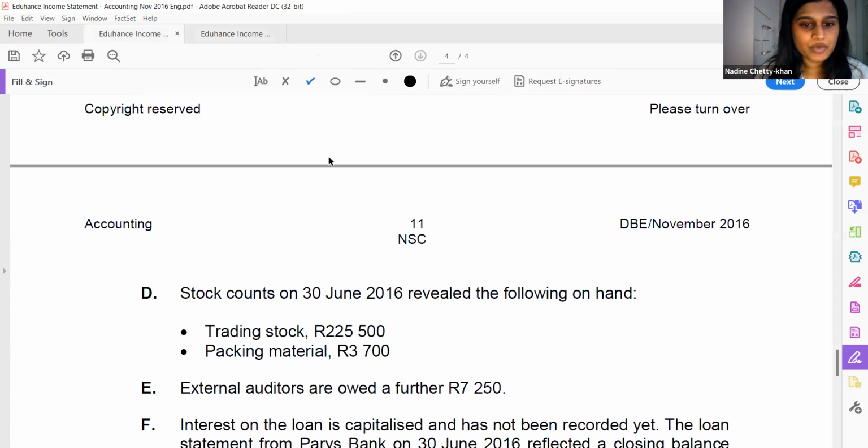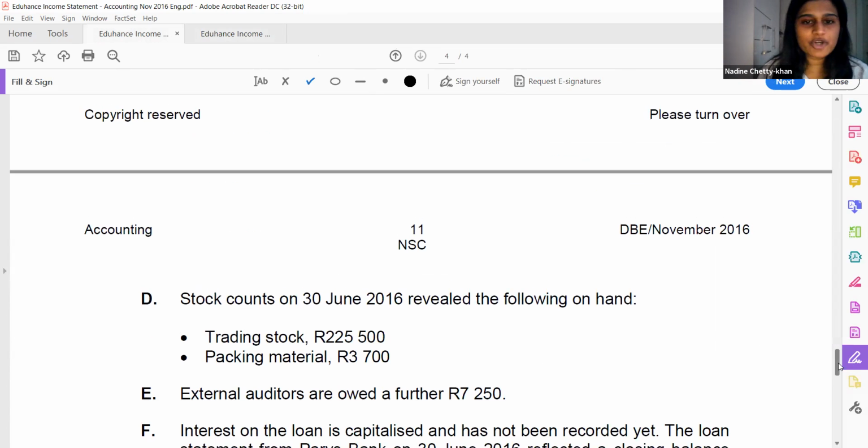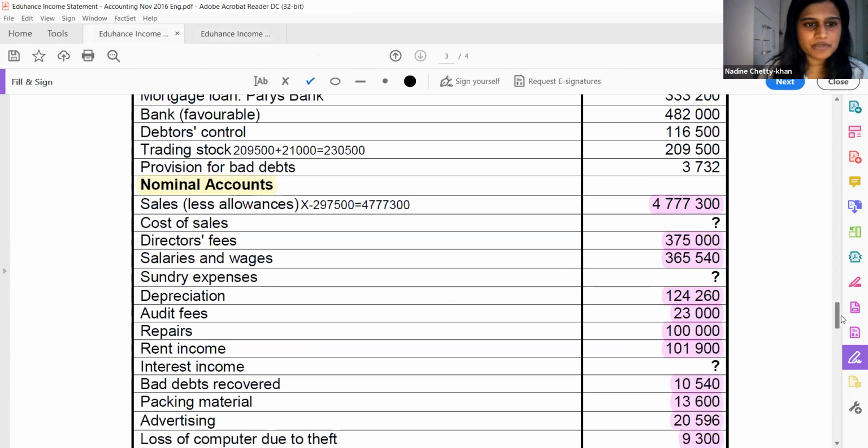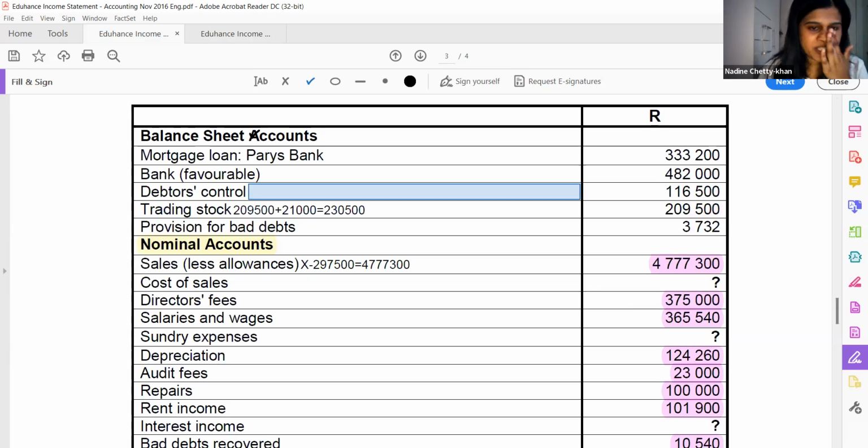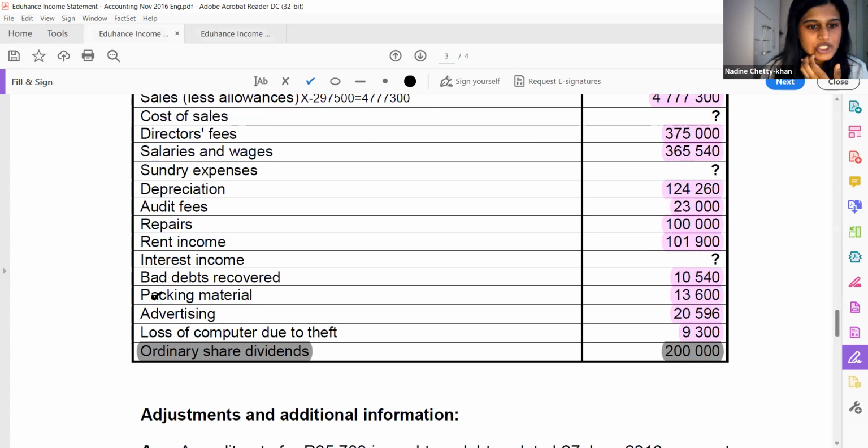Okay, so we've done trading stock, now packing material. Now, packing material, if you go back to the balance sheet section, there is no packing material asset. What that means is if you go to your nominal account section, there's a packing material expense of 13,600.